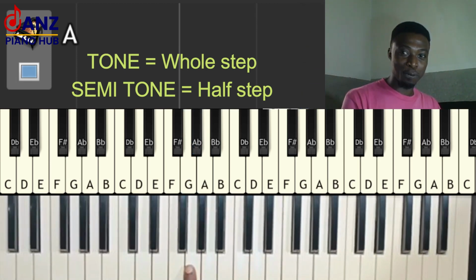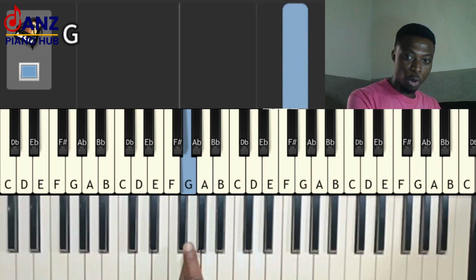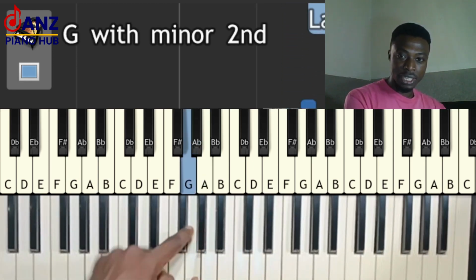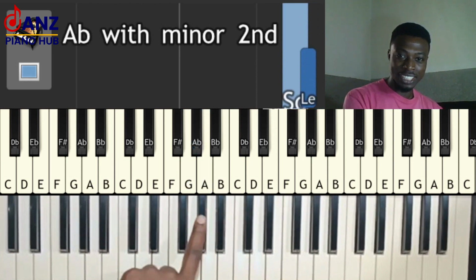This might be tricky for a beginner. Just focus, you will get it. It's actually very straightforward and easy. G, the immediate after G going upward is not A, but A flat. Look at the keyboard. Look at it. Are you seeing it?